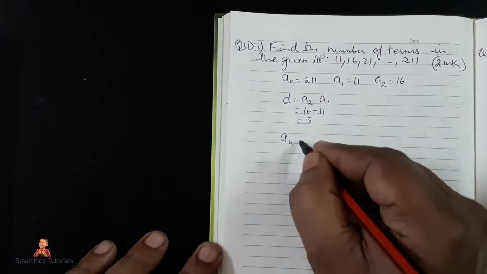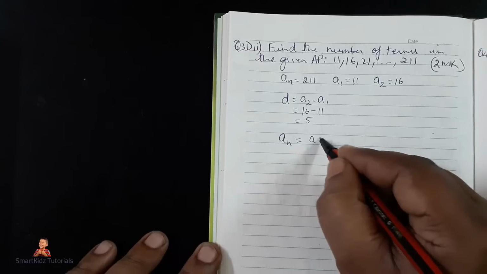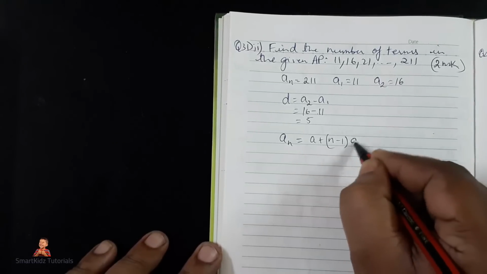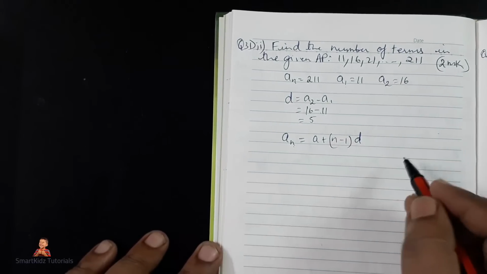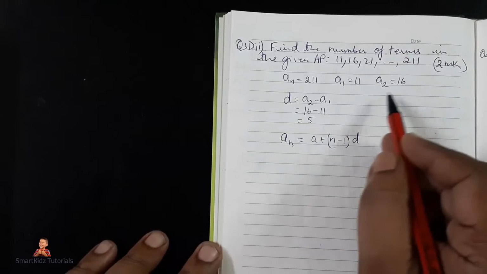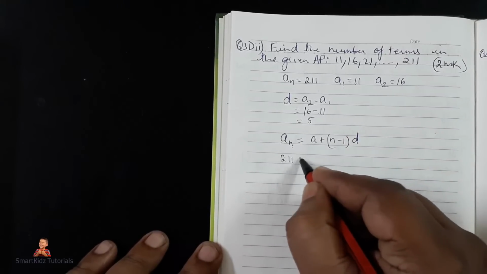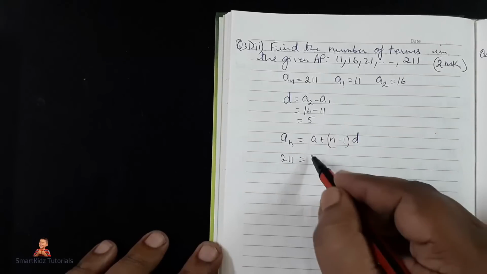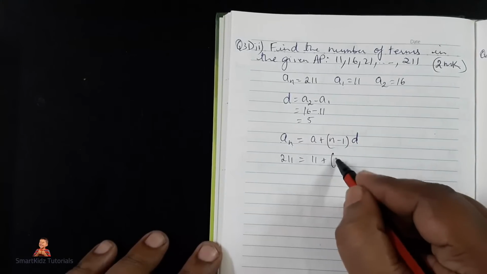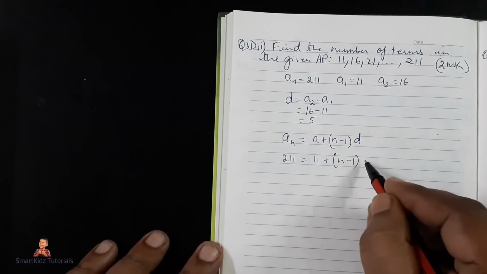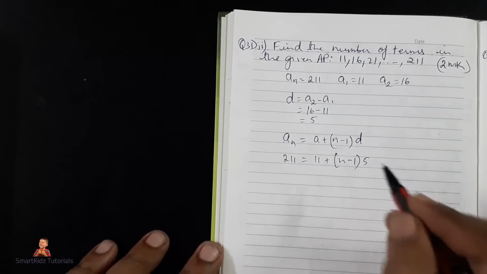So using this formula, AN equals A plus N minus 1 into D. N is what we need to find out. AN we have been given as 211, equal to A, the first term, 11, plus N minus 1, into D. D is 5.